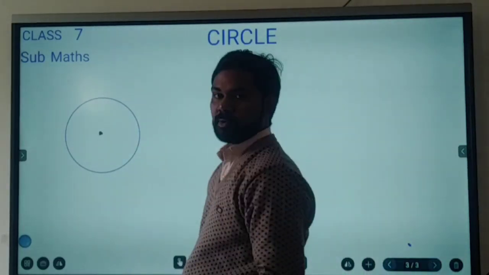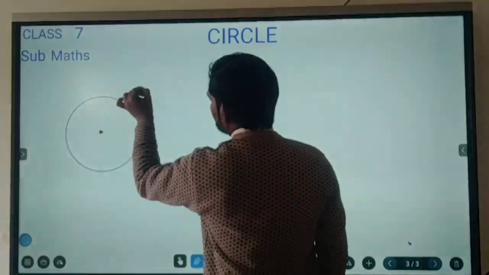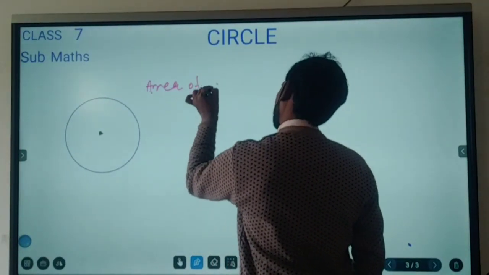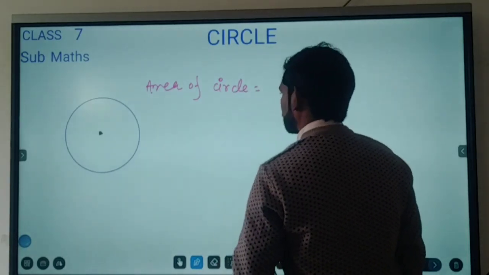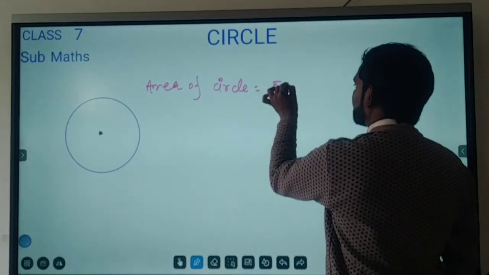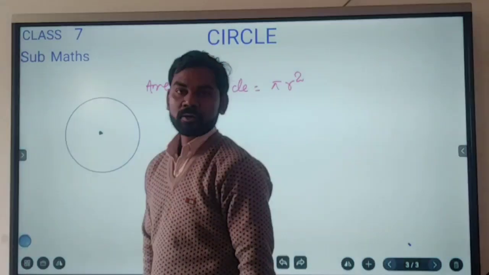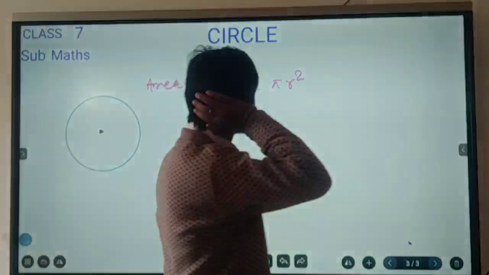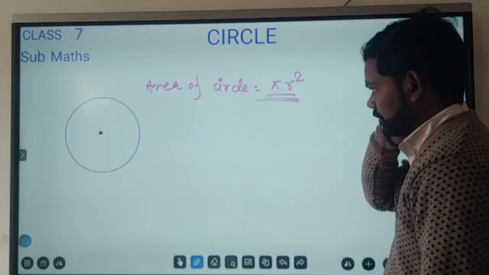Here we are going to explore the area of a circle. The area of a circle is given by pi r square. This pi r square represents the area of the circle.